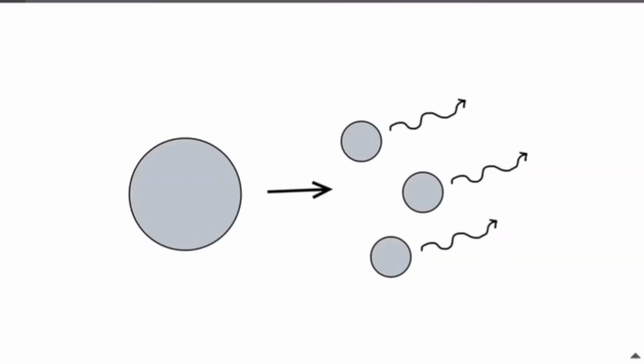Okay, so here is a short explanation on what is radioactive decay. Radioactive decay is actually a spontaneous disintegration accompanied by the emission of energetic particles, or we call them photons. The bigger nucleus here, we call it the parent nuclide.